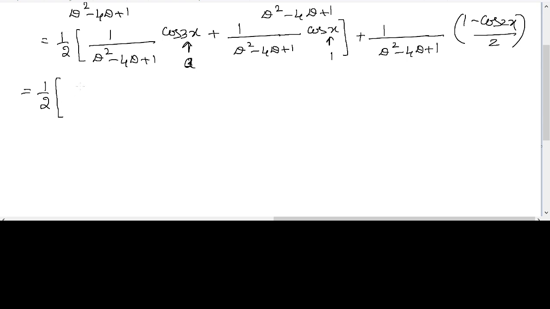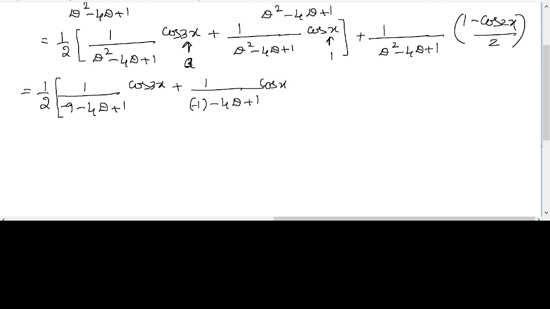So that can be taken as 1 upon (minus 9 minus 4d plus 1), cos 3x written as it is, plus, so take down the second term, and here we need to replace d square by minus a square, where a is 1, that is given by 1 upon (minus 1 minus 4d plus 1) of cos x.